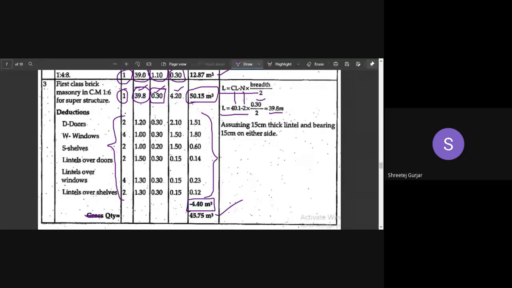Your sections will be different for your 30 centimeter wall and one partition wall of 20 centimeter. So we have two different walls, one 30 centimeter and one 20 centimeter, and the cross sections are different for both of them. So now the long wall short wall method for the next problem will be better compared to your center line method.